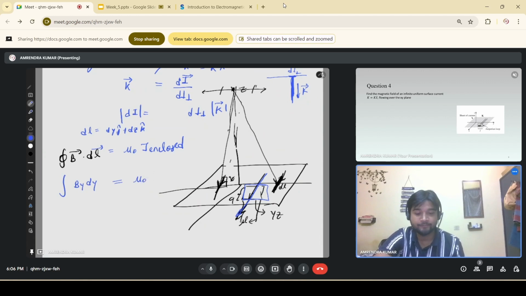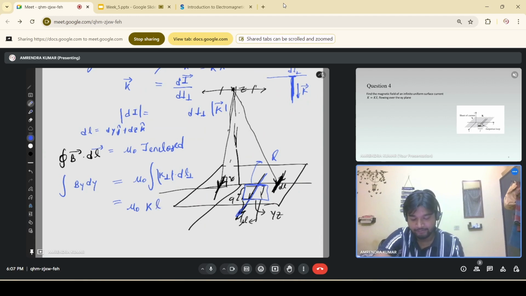Now how much current is enclosed? You have this surface current, and you are taking the magnitude of dl perpendicular, which is nothing but this one, the L. So it goes from 0 to L. The surface current density is K in the x direction, and dl is in y, perpendicular to x.